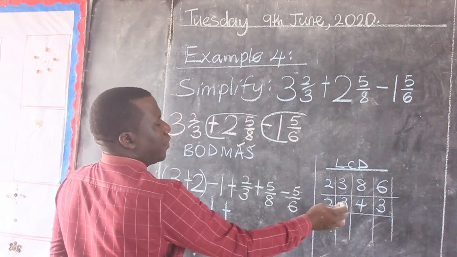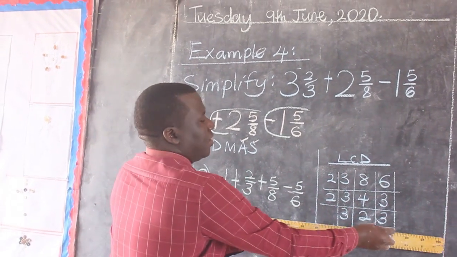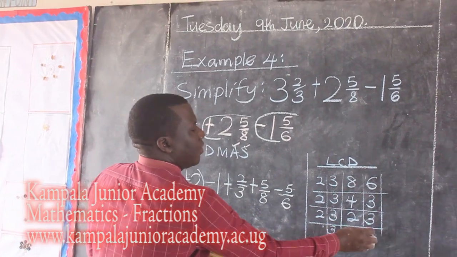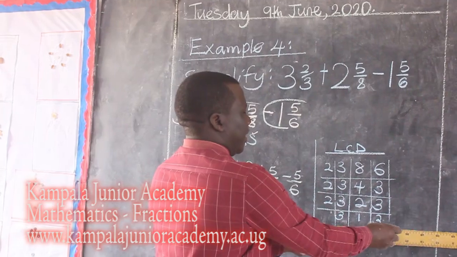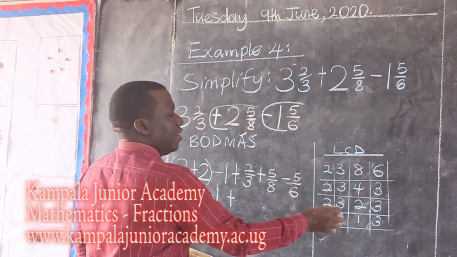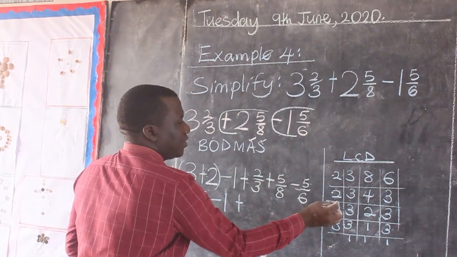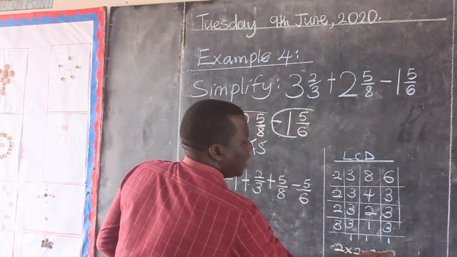So by 2: 3, 2, 3, still by 2: 3, 1, 3. Then now we can move to 3. So by 3: 1, 1, 1. So we shall multiply all this: 2 times 2 times 2 times 3.